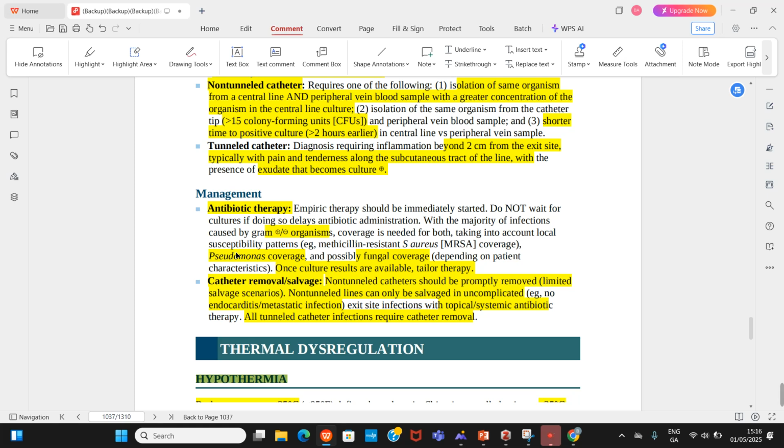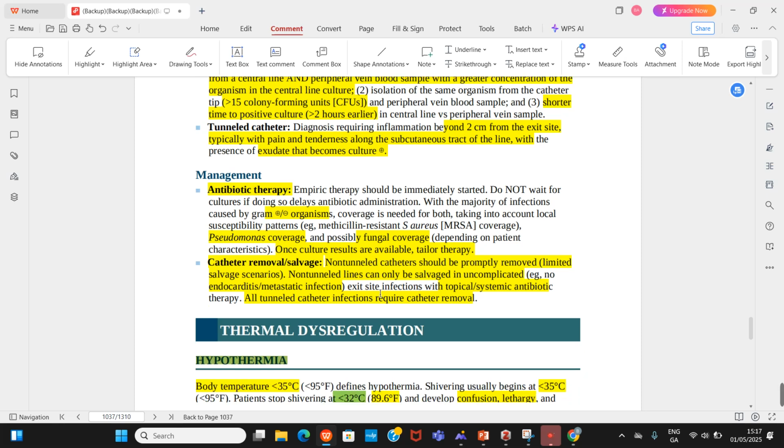Once you see that, you also need to take it out. And if somebody has a non-tunneled catheter infection, and from your culture result you are growing MRSA, Candida, or Enterococci, all these organisms are very resistant to many drugs. So you might need to consider taking it out.